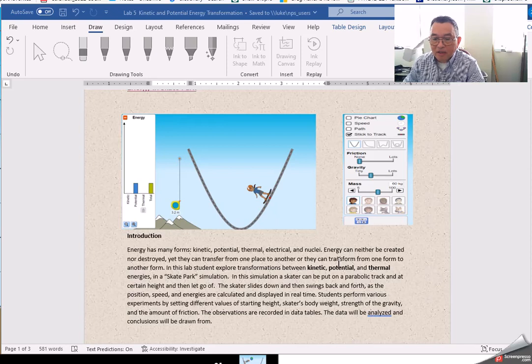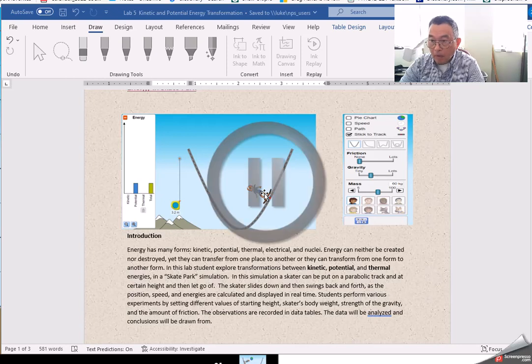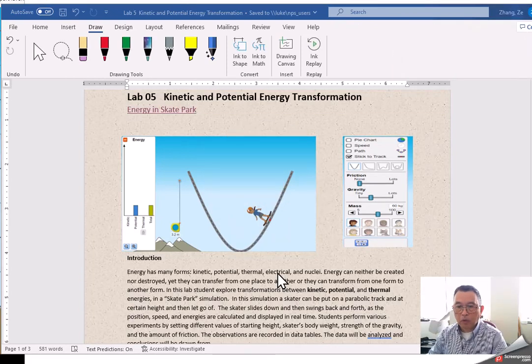In this skate park simulation, a skater is put at some height. You will start this simulation by clicking this link. It is another PhET simulation. In this simulation, the skater can be put on a parabolic track like this.